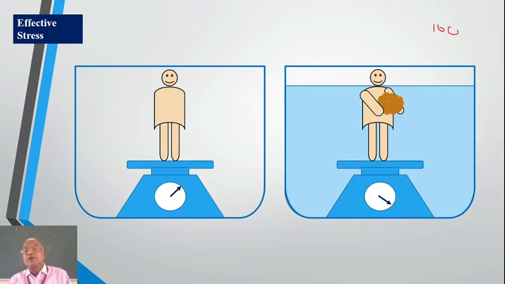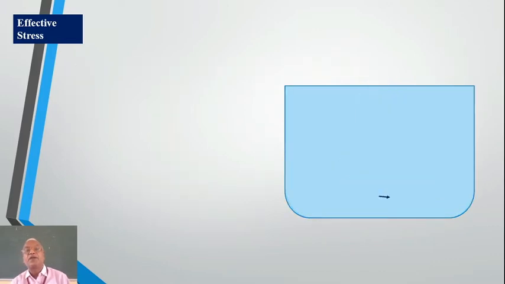No, because we have already seen that under submergence this object has only 70 newtons. So if it is 300 for the person and the weight under the water is 70, the reading can be 370 newtons. That's all. That is the effective weight of the object plus the person. Okay.